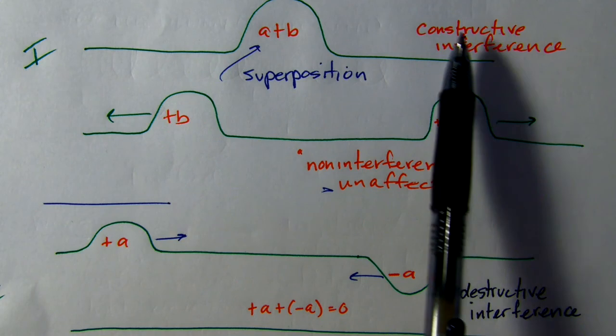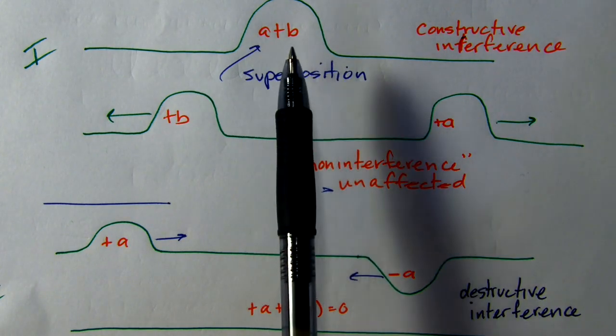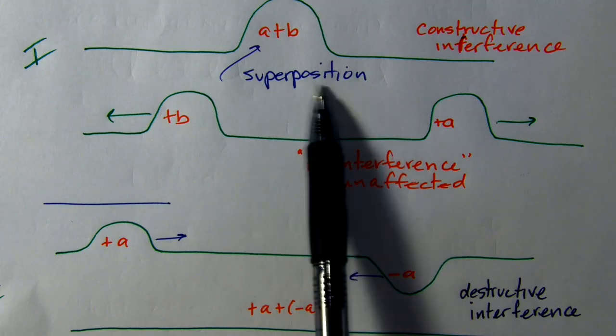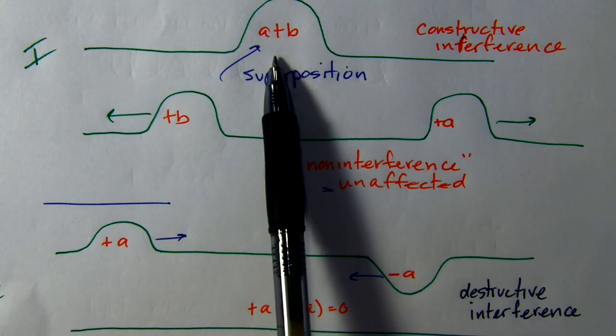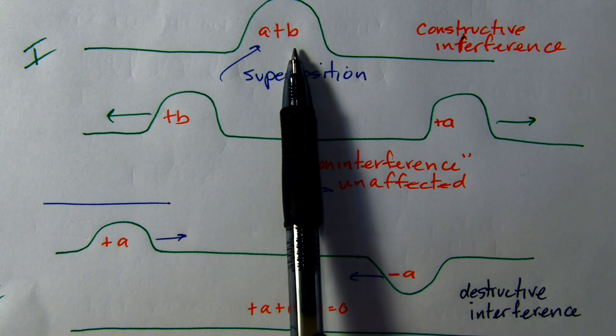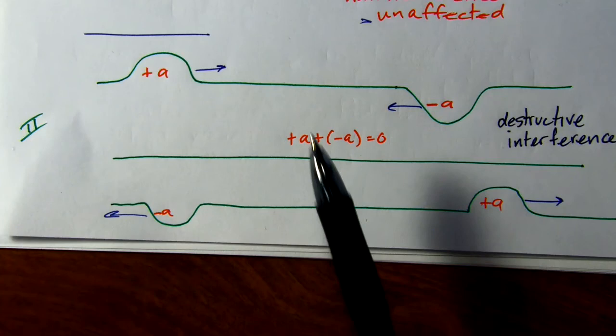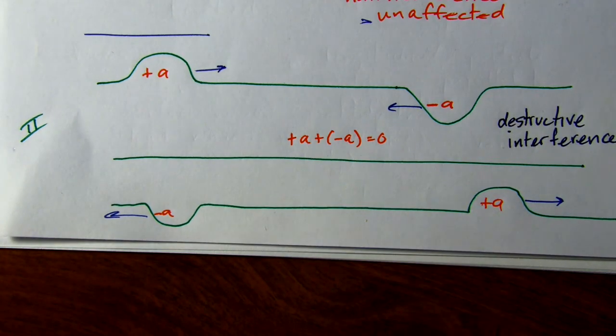They actually behave as though they pass through each other undisturbed, but at the moment they are superimposed, superposition occurs, then we get the algebraic sum. And so if they add up together, we get constructive interference, and if they cancel out, then we call that destructive interference. So that's just a general idea of waves and reflection.